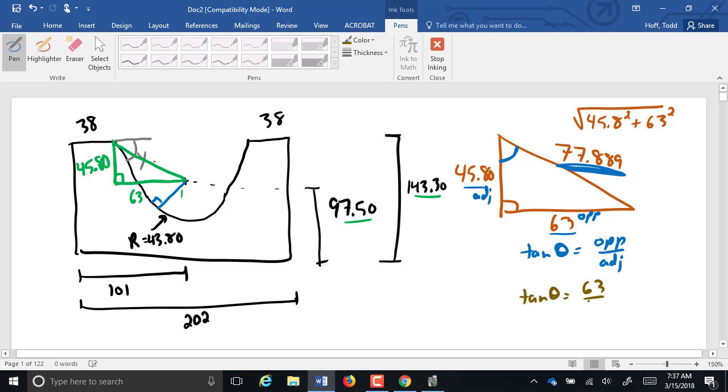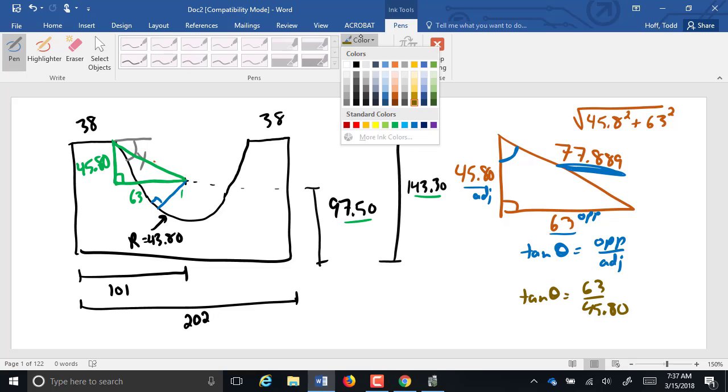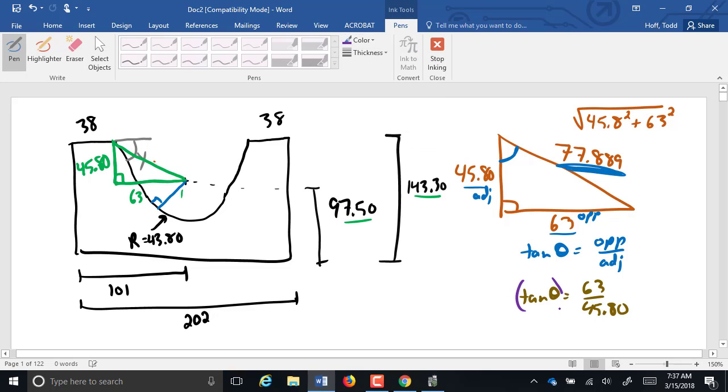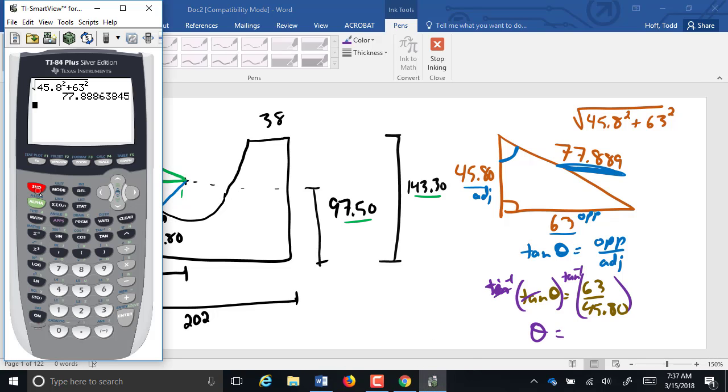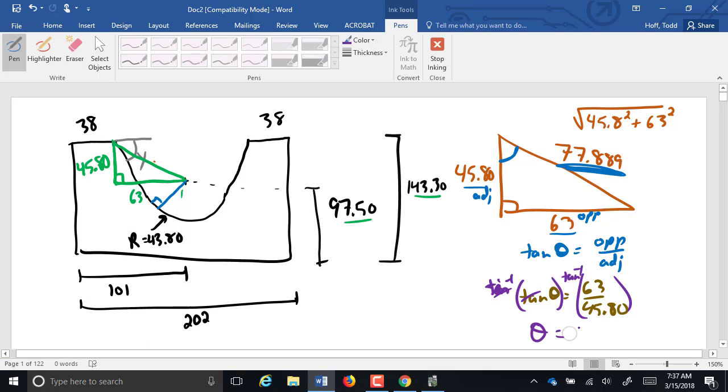So I've got 63 over 45.8. Am I looking for an angle or a side here? Looking for an angle. When I look for an angle, I have to use inverse. So I'm using a tangent, so I use an inverse tangent. So the angle is the inverse tangent. Perfect, 53.98. That's 53.98 degrees.